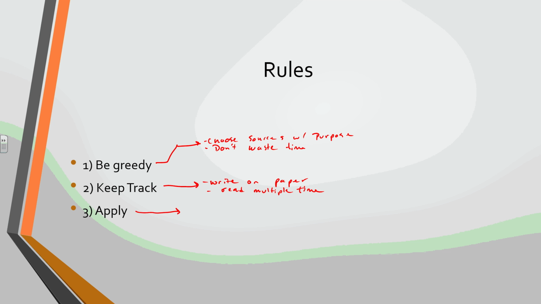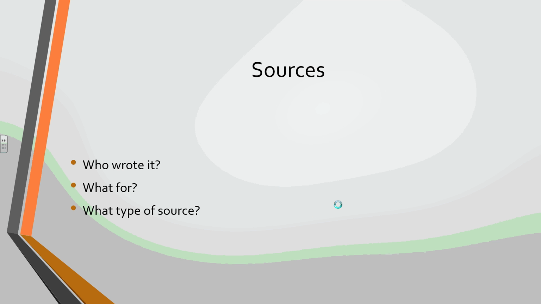Lastly, we apply our reading, and what that means is we are actually going to write about what we read. And we won't talk about that in as much detail today, but if our goal is to be able to write or speak about what we're reading and apply that knowledge, then the way in which we read has to be done very specifically, which we'll teach you now.